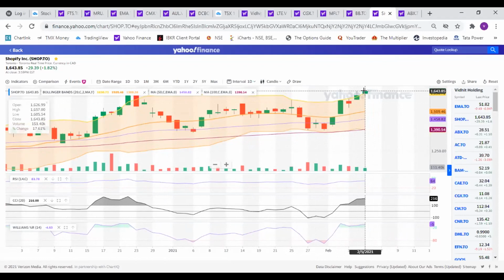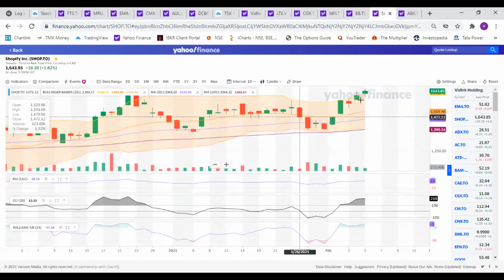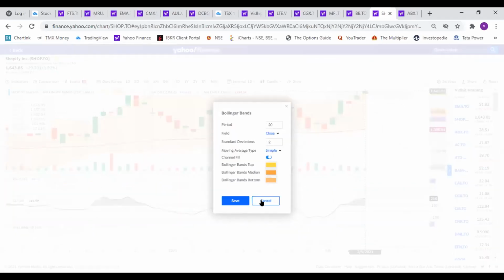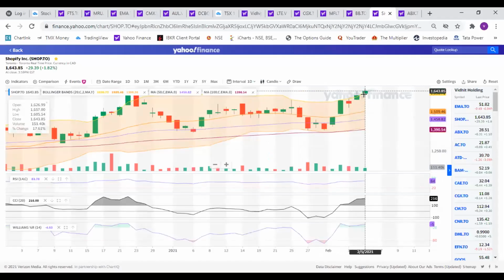Currently Shopify is at this level. The close is 1643.85, which has been shown over here. The price is almost at the upper Bollinger Band.